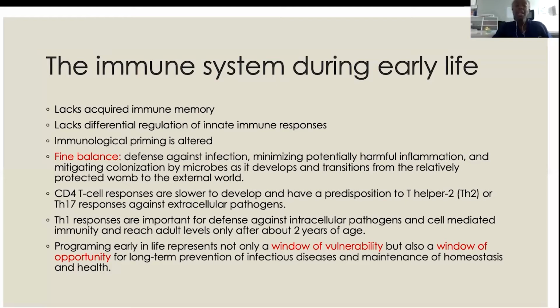Now, programming early in life represents not only a window of vulnerability but also a window of opportunity for long-term prevention of infectious diseases and maintenance of homeostasis and health. This is what we'd like to target, so our infants have a better life ahead.